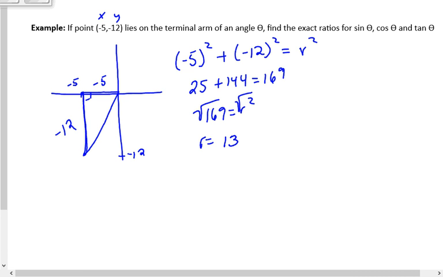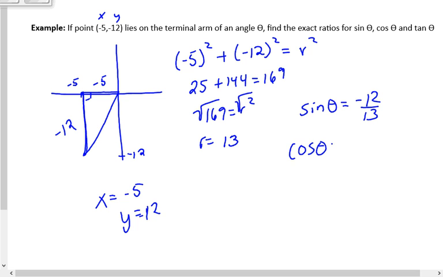Okay, so now we have all of the values. So x is equal to -5, y is equal to -12, and r equals 13. So to find sine of theta, we're going to take the opposite over hypotenuse, or in this case, the y over the r. So we'd have -12 over 13.